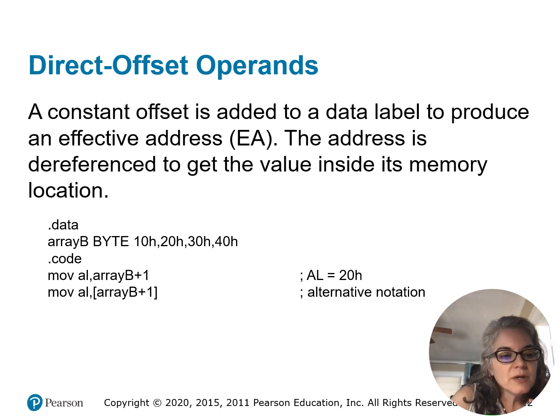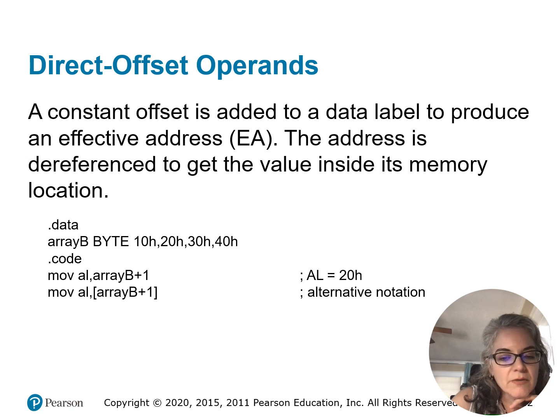Here it shows you that you can use the brackets or not use the brackets. We've always been used to using brackets with arrays, and it really just makes it clearer that this is an offset. So you'll see me use the brackets to make clear that it's an offset. Here, a constant offset, the constant offset plus 1, is added to a data label, arrayB, to produce an effective address.